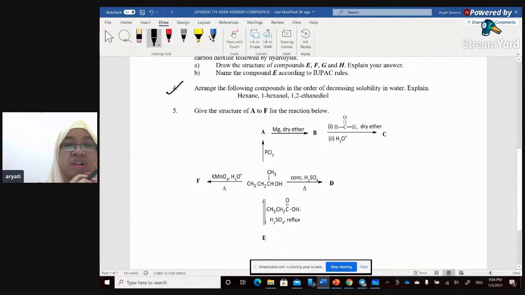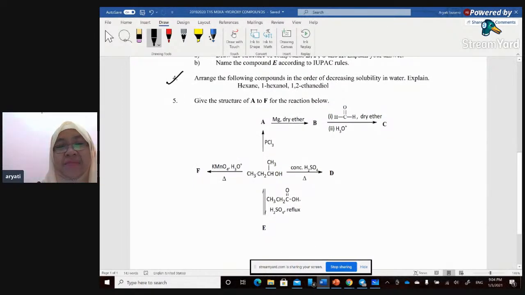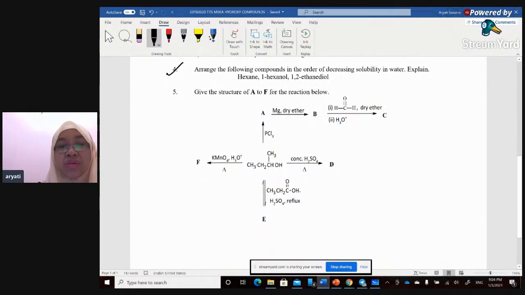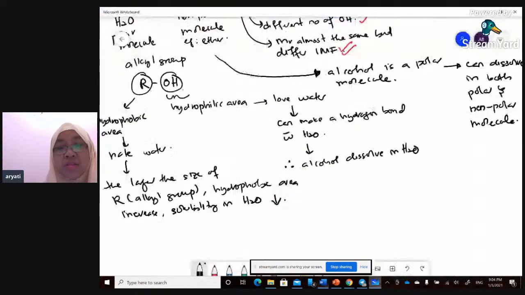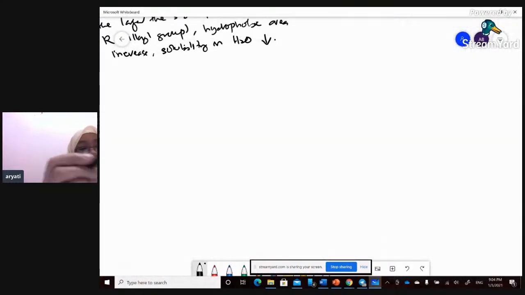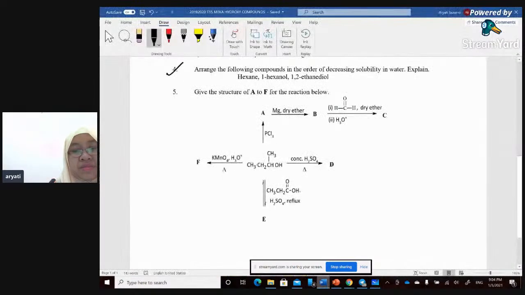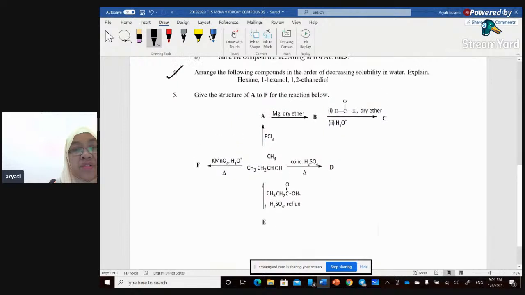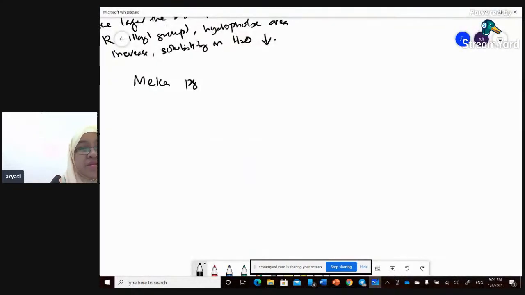Okay, question number 4, arrange the following compound in order of decreasing solubility, menurun. So setiap kali dalam exam, kamu mesti jawab soalan, ikut soalan. Kalau dia suruh buat decreasing lah, jangan kadang-kadang buat increasing. So let's discuss question. So ini adalah question SK4, question number 4. Okay, question number 4.